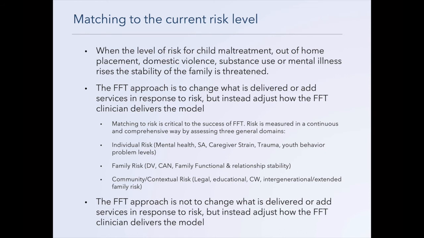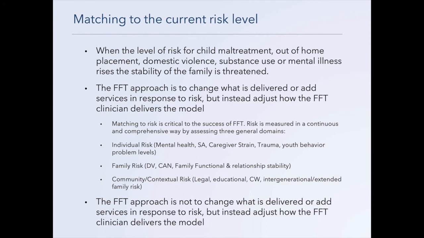Third, community or contextual risk has to do with those systems around the families and the individuals in the families. That may, in fact, be involvement in the child welfare system, because by being involved in the child welfare system, what comes with that involvement are a lot of requirements, things that you have to keep up with, and you're monitored and you're checked, and your success in getting through and keeping your family together depends to the degree upon which you're able to fulfill those requirements.